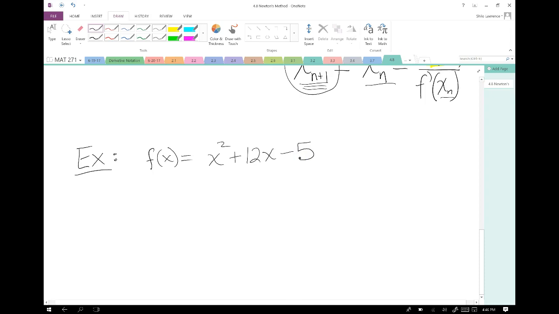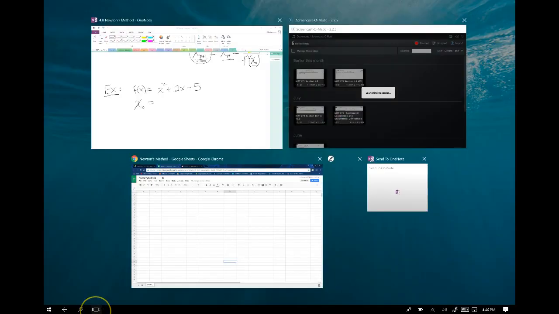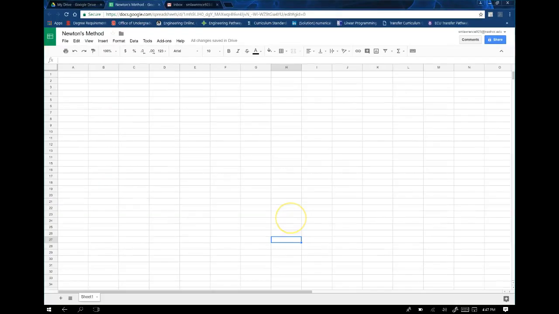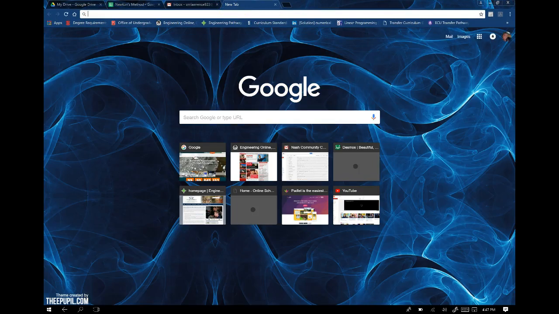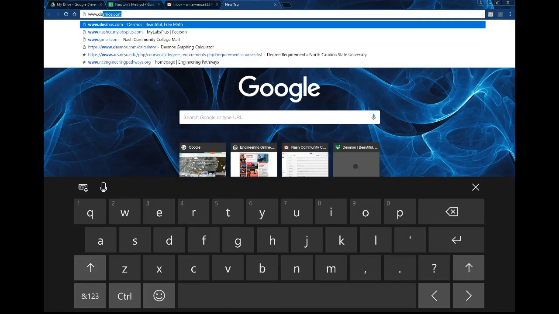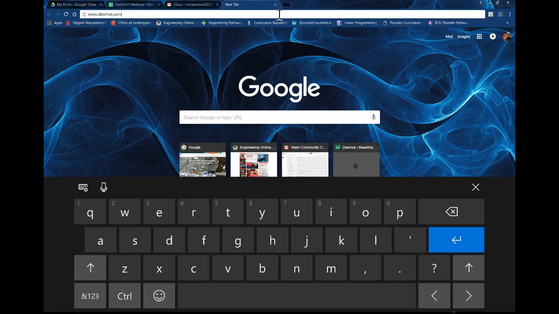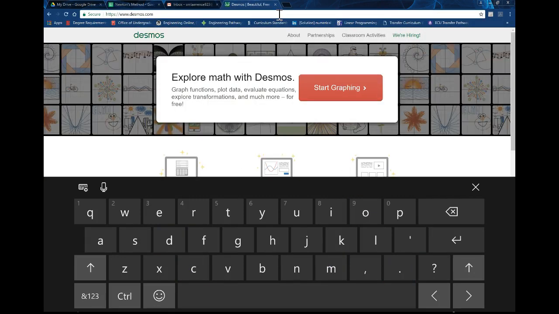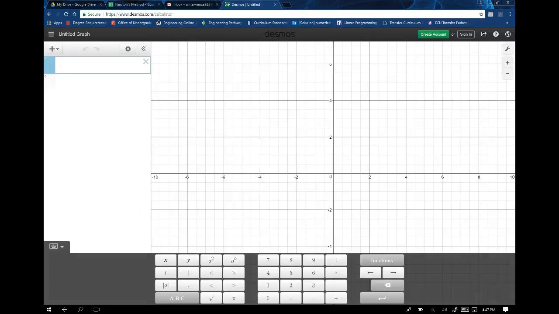And I'm going to look at Desmos to help me estimate an initial guess, which I call x sub 0. So I'm going to switch over to Desmos really quick. And we've got x squared plus 12x minus 5.